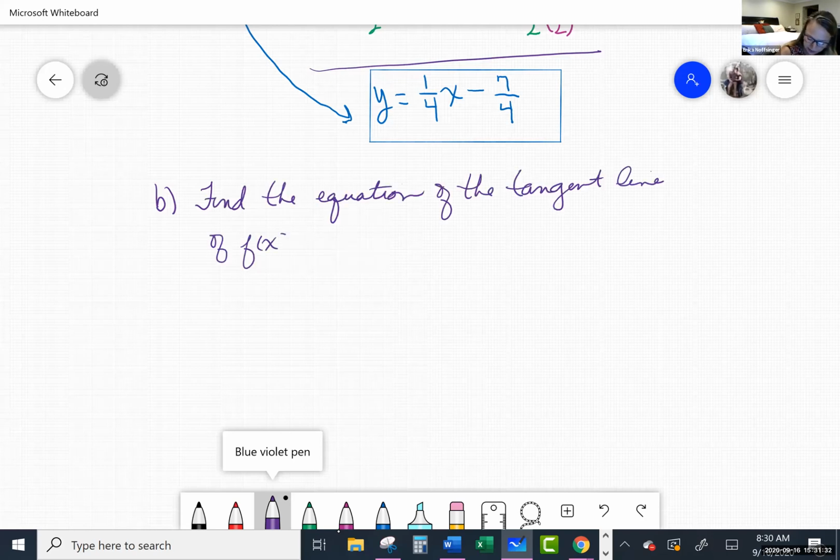And so we can look at the limit as h approaches 0 of f of x naught, which is 1 in our case, plus h, minus f of x naught, which is 1 in our case, all over h.